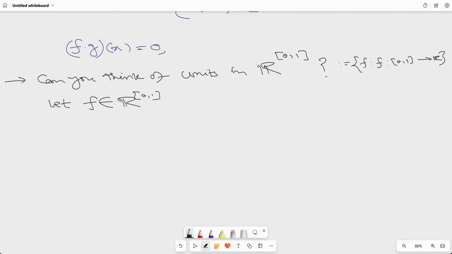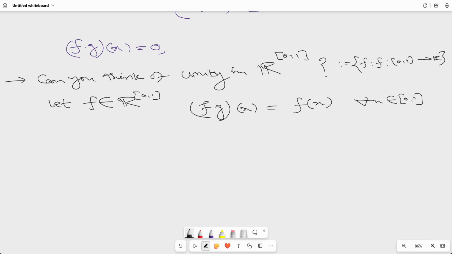What is the unity? Suppose, first question, the unit is not unity. What are the units in this ring? For unit, you need the multiplicative identity. So let f be inside, so f dot g at x you should get f(x), right? You should land into f(x) for x inside 0, 1.